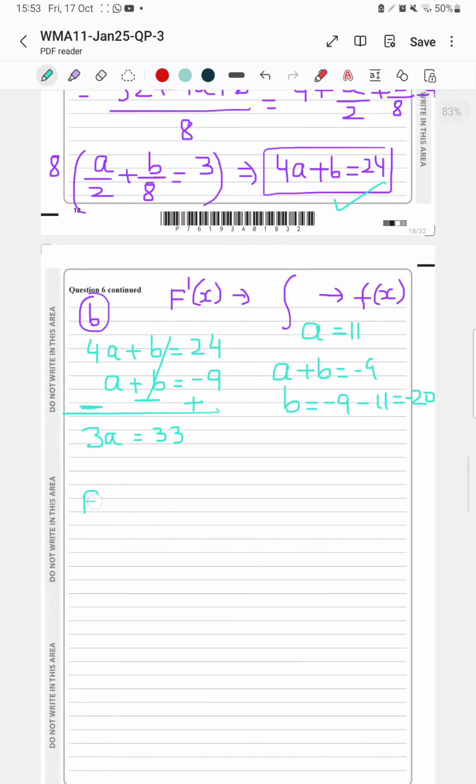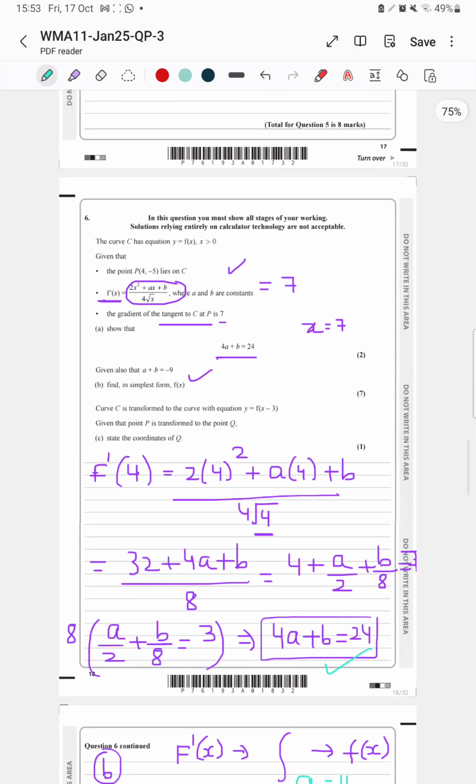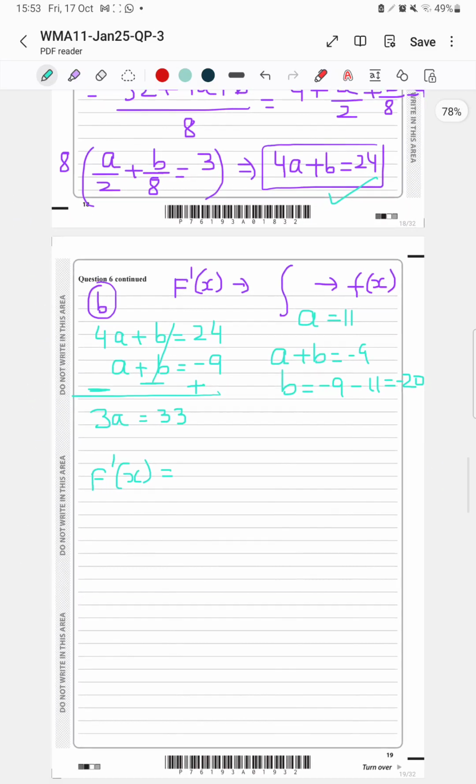So I will substitute these values first of all in the f dash x. So f dash x is given as 2x squared plus ax plus b over 4 root x. Let me write it down. 2x squared plus ax, which is 11x, plus b, which is -20, over 4 root x.